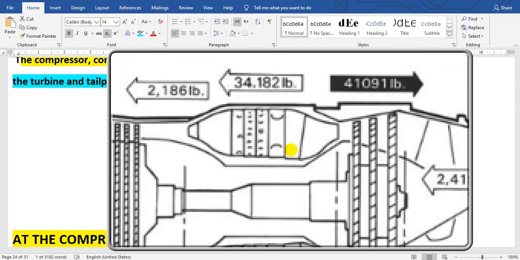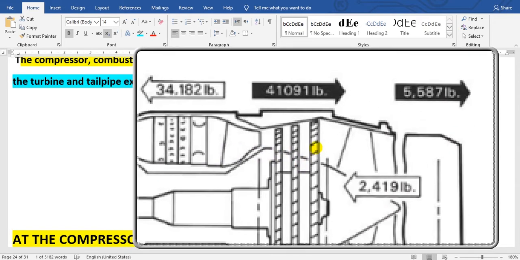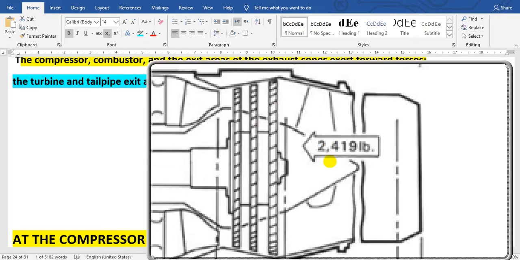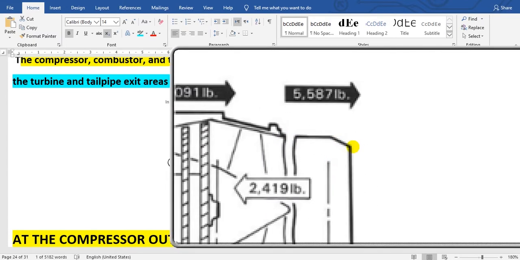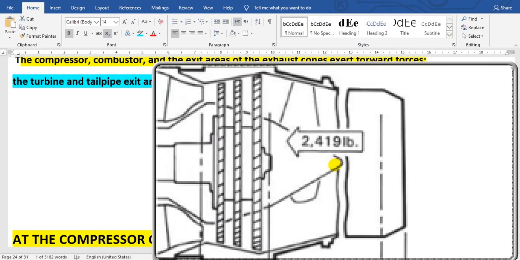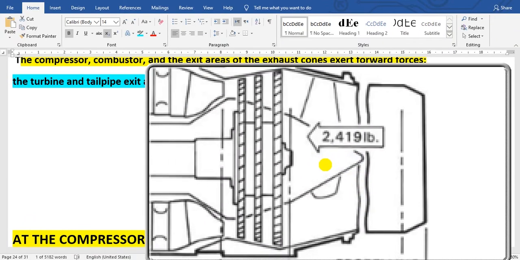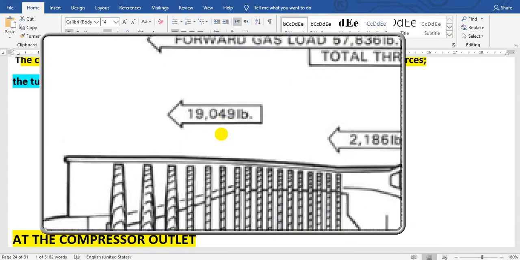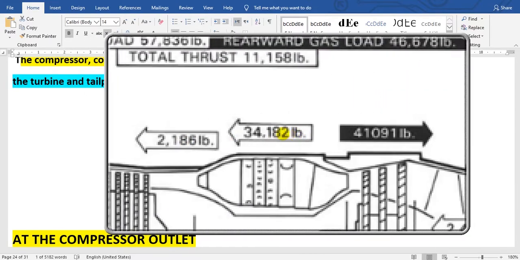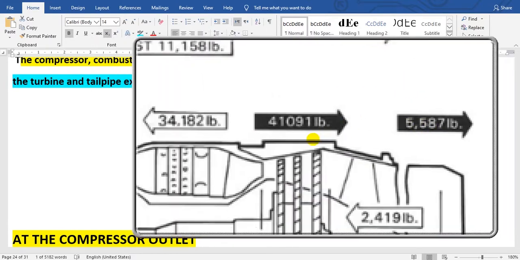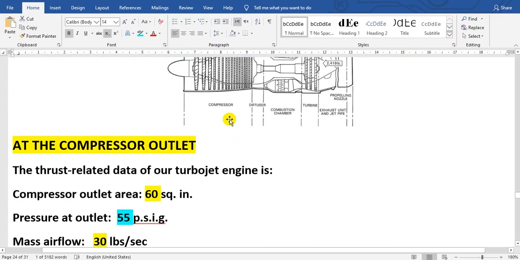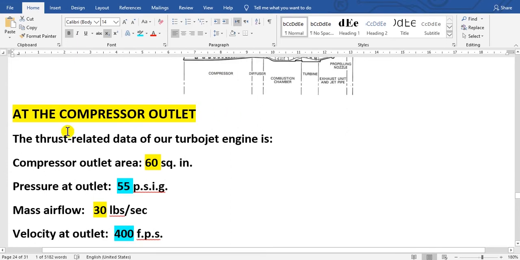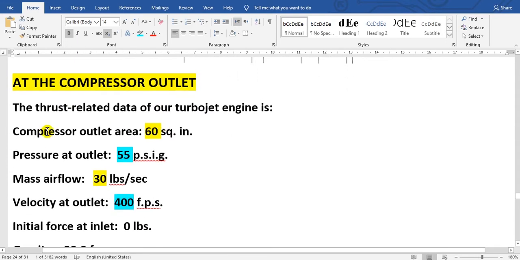Here at the turbine, rear, with the black; the tailpipe with black, rearward. At the choked nozzle, forward. So you must add all the forward minus all the rearward to get the core thrust. Here are some examples, maybe with data from the test cell.